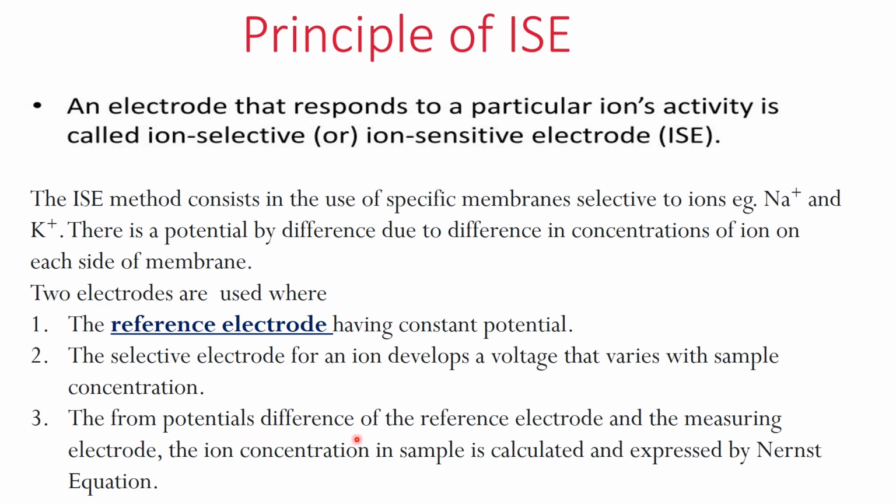Thus, from the difference between the potentials of the reference electrode and the measuring electrode, the ion concentration in the sample is calculated and expressed by the Nernst equation. So this is the principle of the ion selective electrode.